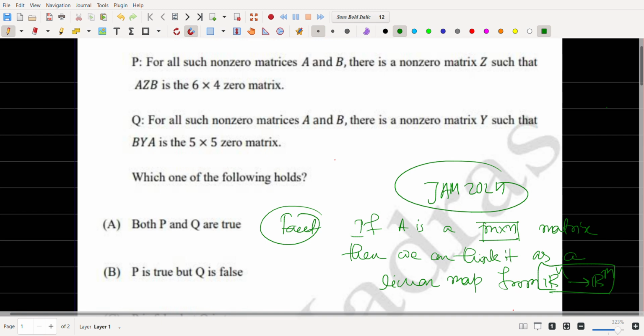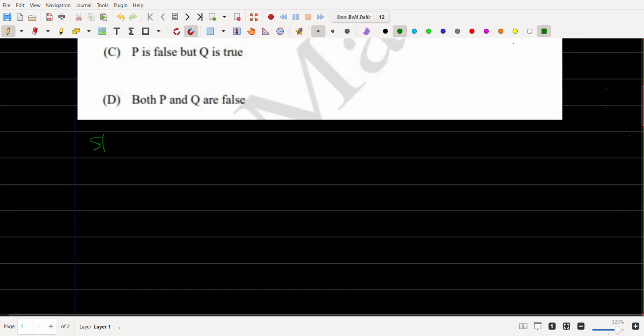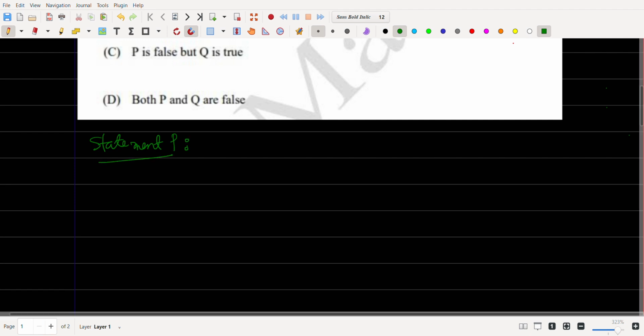So the first statement, statement P, says that for all such non-zero matrices A and B, there is a non-zero matrix Z such that AZB is a 6 cross 4 zero matrix. Okay, so we can think of it in terms of linear transformations.